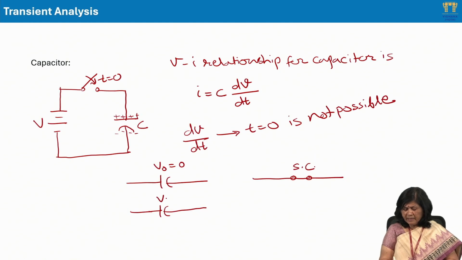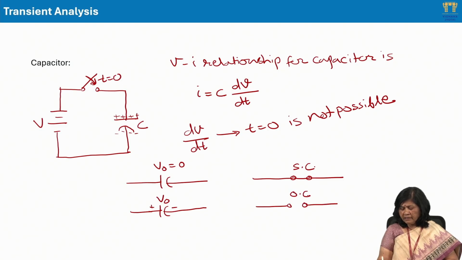Now here, if there is a potential across the capacitor already existing before the switching operation, if the capacitor is initially charged, this capacitor will behave like an open circuit and all the potential will develop across the capacitor. So inductor and capacitor behave differently when there is a switching operation.